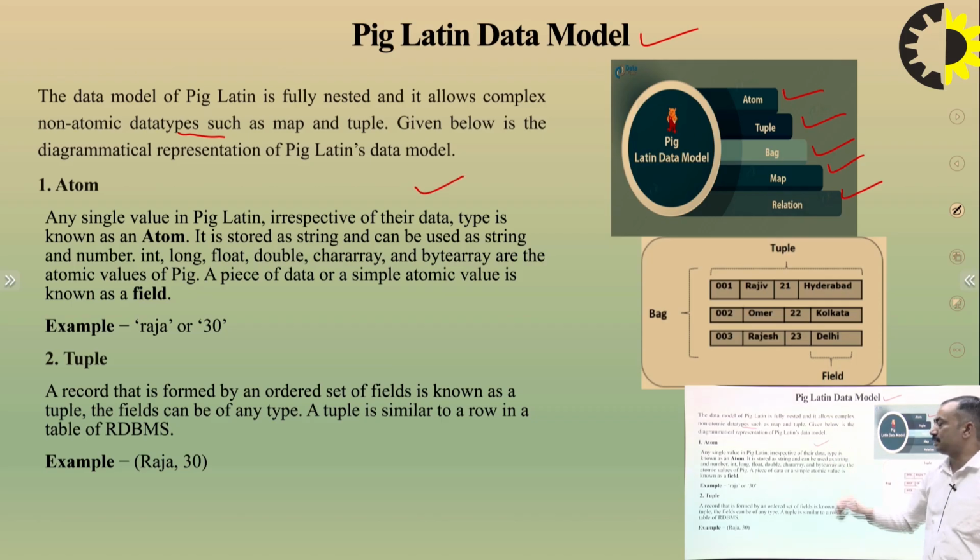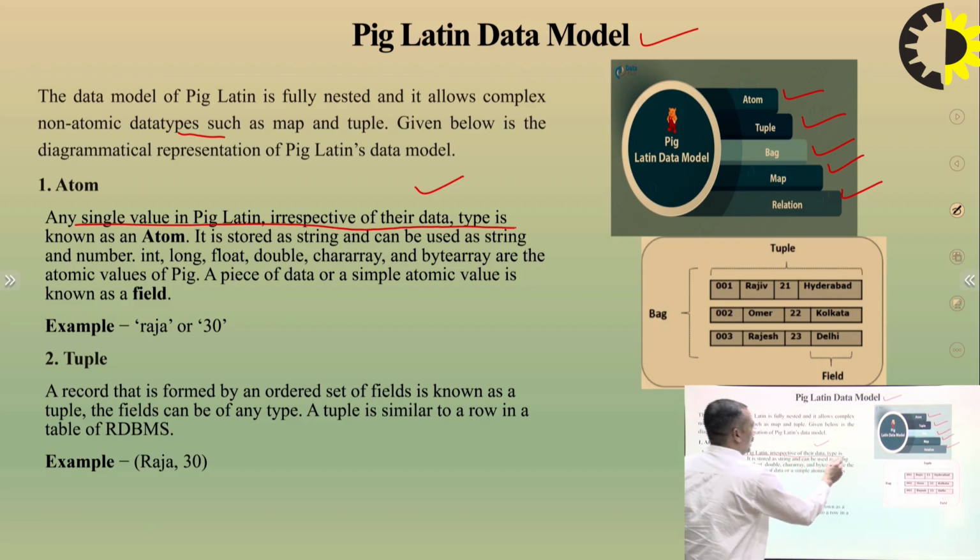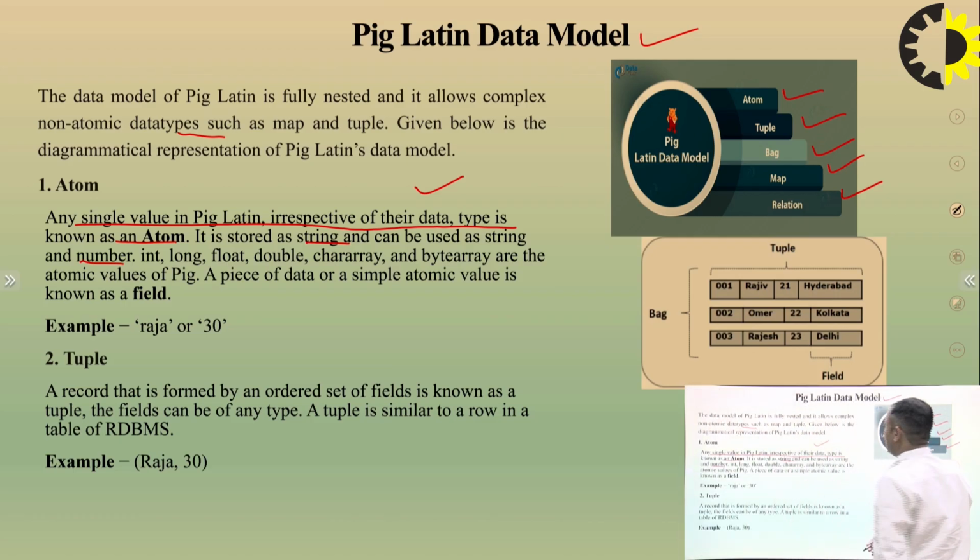Now, considering the first one, atom. What is an atom? Any single value in Pig Latin, irrespective of its data type, is known as an atom. So any single value, no data type, nothing else, is called an atom. It is stored as a string and can be used as a string and numbers like integer, float, double, characters.